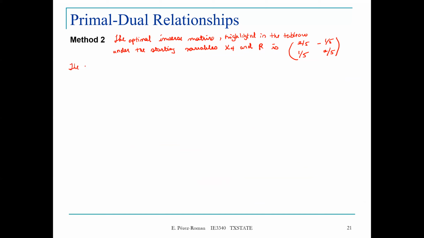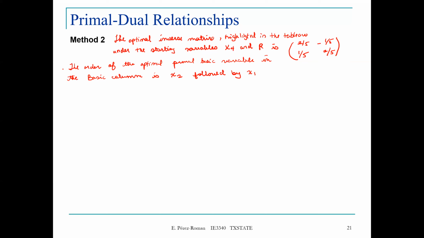The order of the optimal primal basic variable in the basic column is x2 followed by x1.